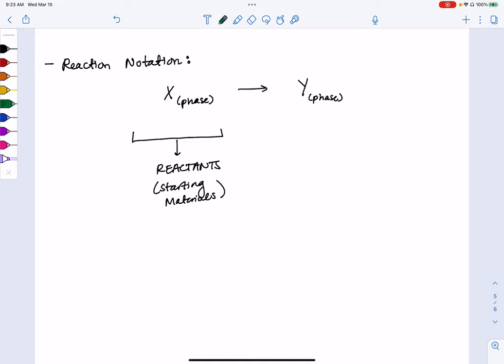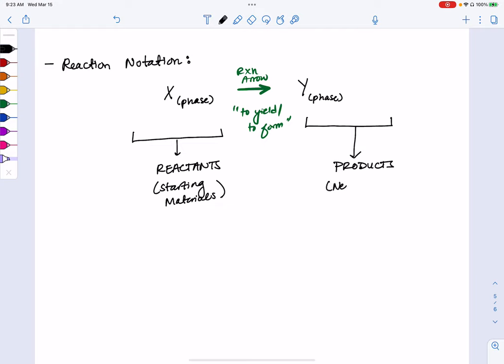Then we have this reaction arrow here, which could be read as to yield or to form. And over here on the right-hand side of the arrow, these are what we call our products.